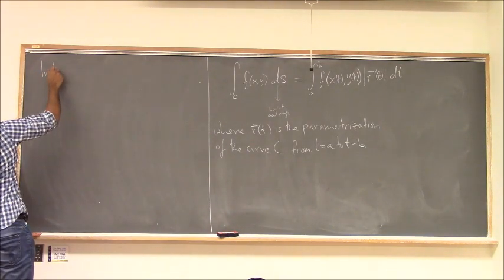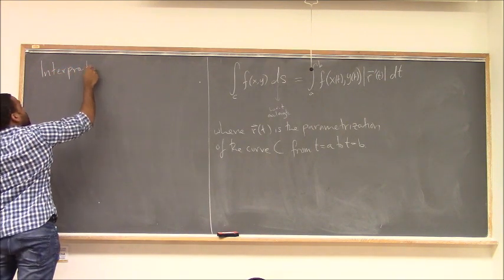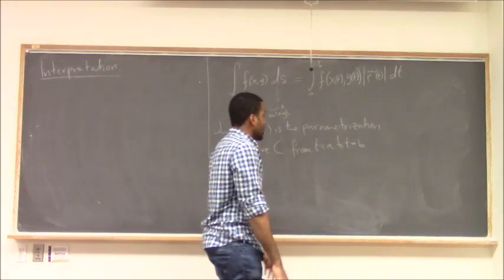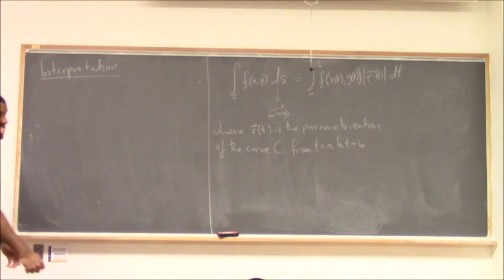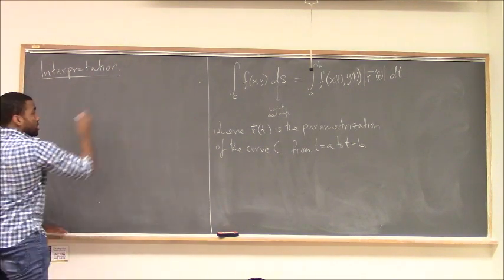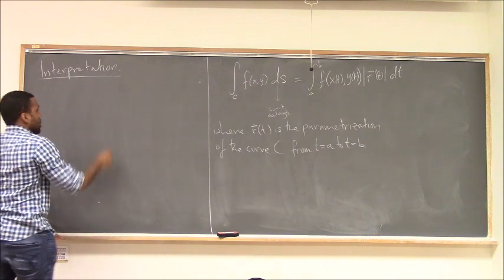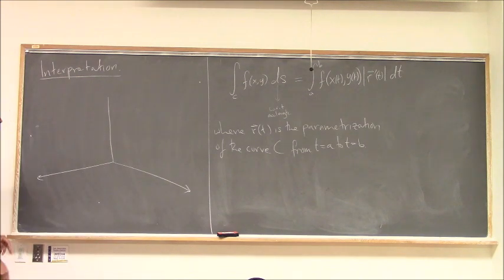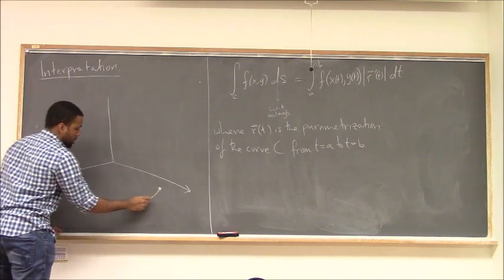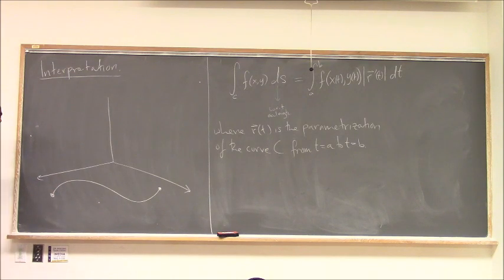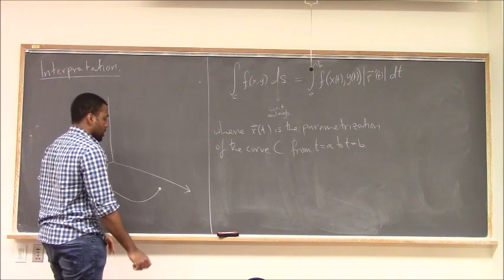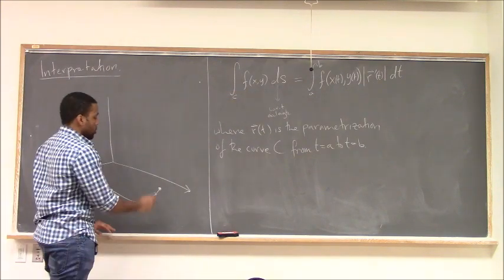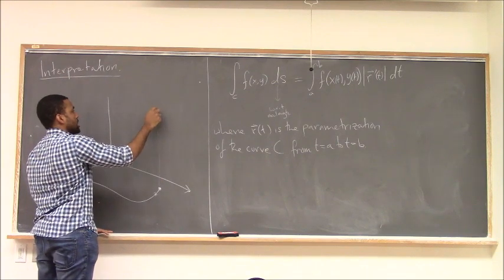But what this actually means is, look at the interpretation of something like this. We know integrals back in Calc 1 and 2 gave us the area under a curve, and this is exactly the same idea. Let's say our f of x, y is a function in 3 dimensions. We have some arbitrary curve that goes from one point to another point, and that's called our curve C. If you plug any points x, y along here into f, the output is a z coordinate, so that just goes up to whatever that z coordinate was.